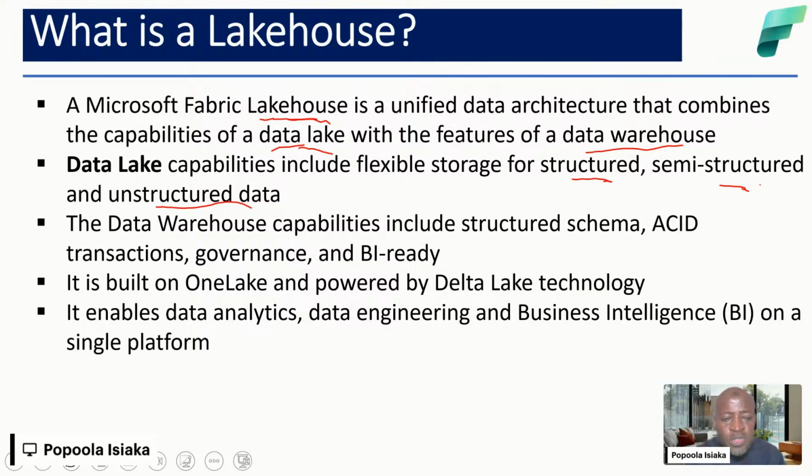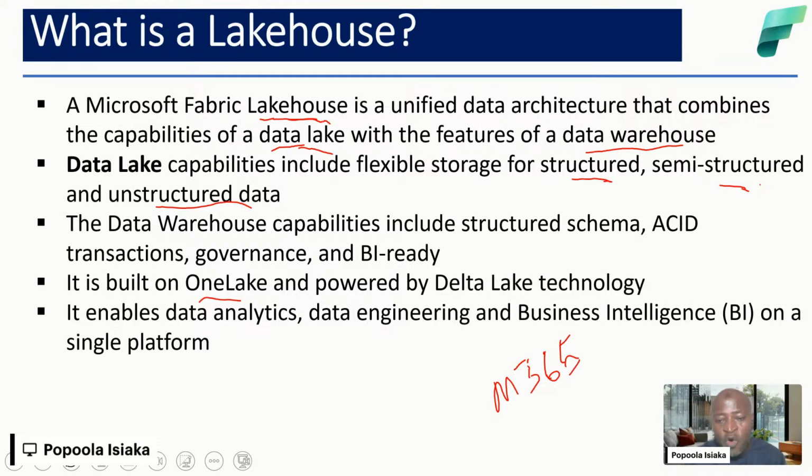So Lakehouse is built on OneLake and powered by data lake technology. Now, OneLake is just like an example in M365, right? We have a technology that we call M365, and that M365 has a storage for all the products within the M365 environment, and we call that one OneDrive.